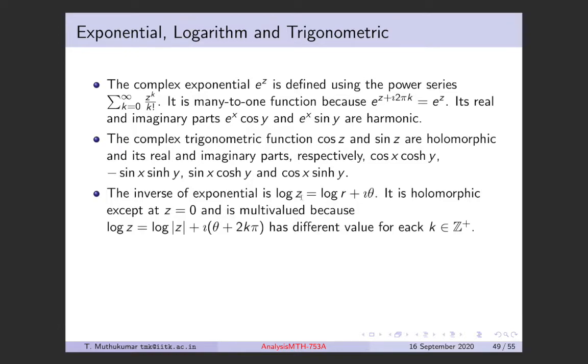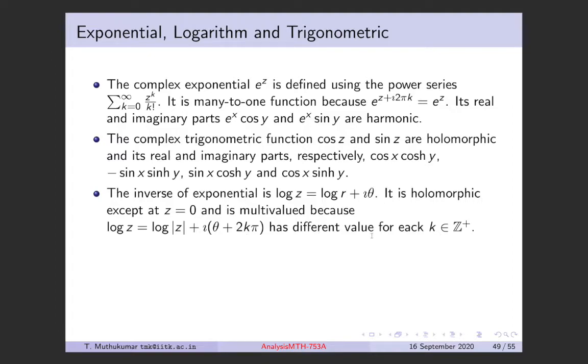It's multi-valued because, as I said, if you change the argument by an integral multiple of 2π, the z is the same, whereas in log z you are going to get i2kπ. So it's a different value. So for the same z, you have infinitely many values, as many as k.